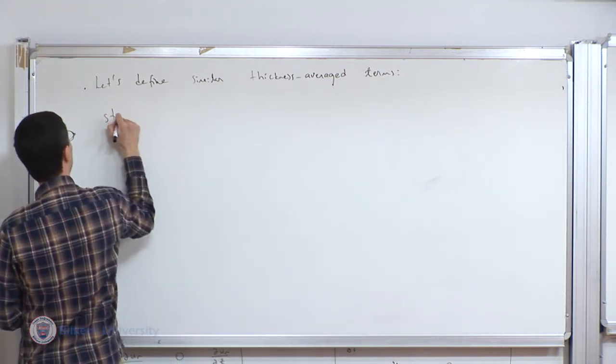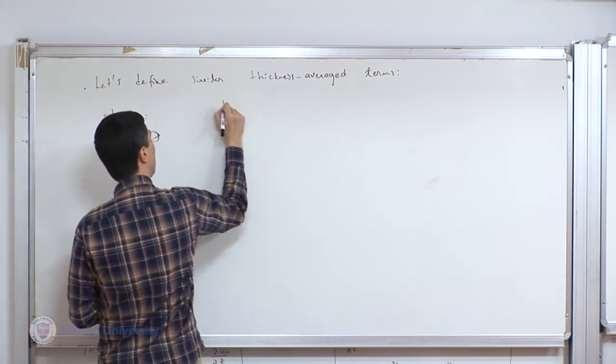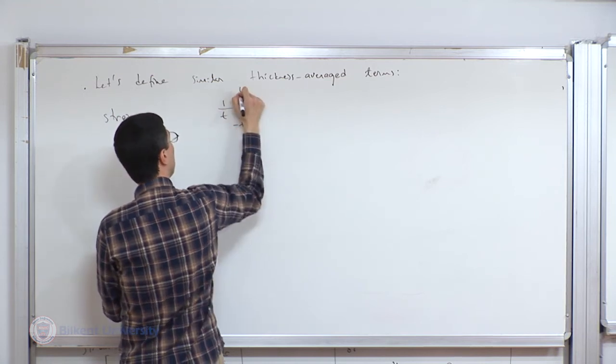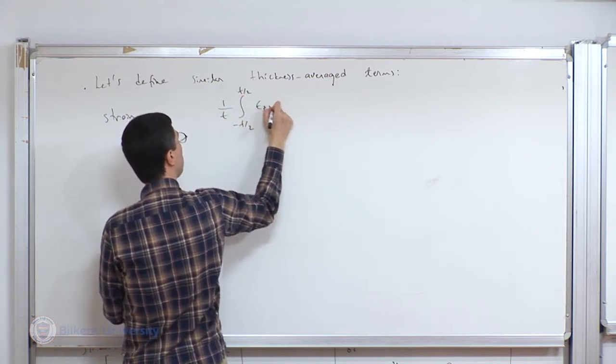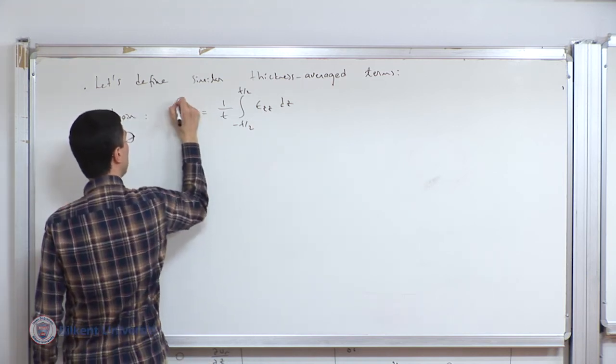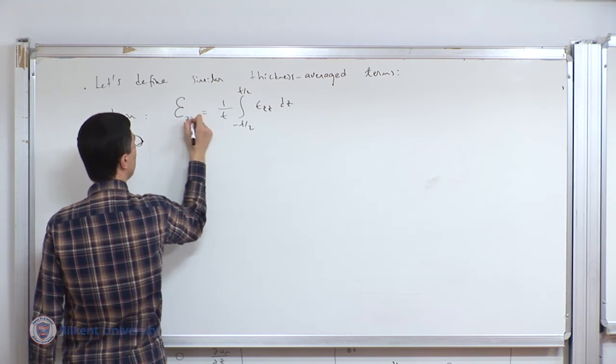First, I start with the strain, epsilon ZZ component. I'd like to introduce a variable associated with epsilon ZZ integrated over dz, and I'm going to call it capital epsilon ZZ.